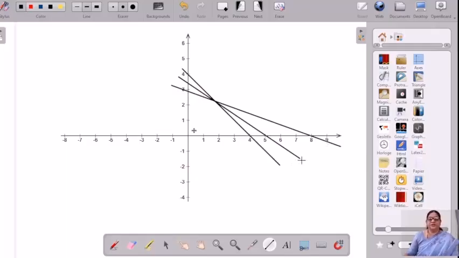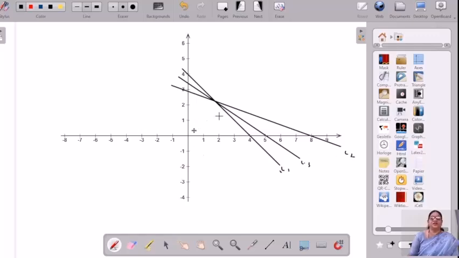This is line L1. L1 is passing through 4, 4. This is L3 and this is L2.